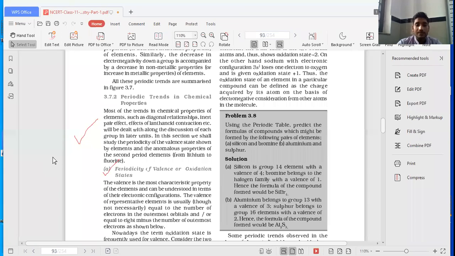The valency is the most characteristic property of elements and can be understood in terms of their electronic configurations. The valency of representative elements is usually, though not necessarily, equal to the number of electrons in the outermost orbitals, or equal to 8 minus the number of outermost electrons as shown below, right?